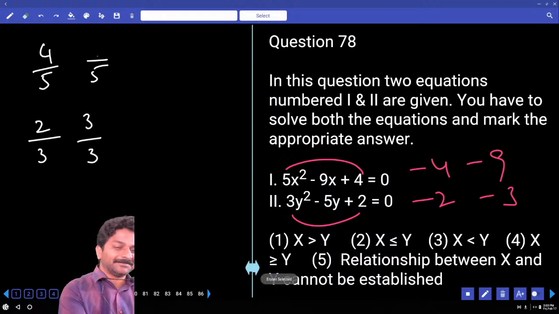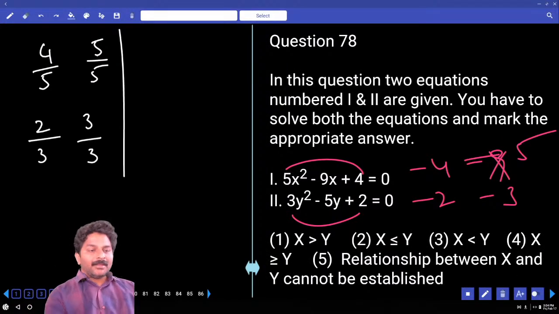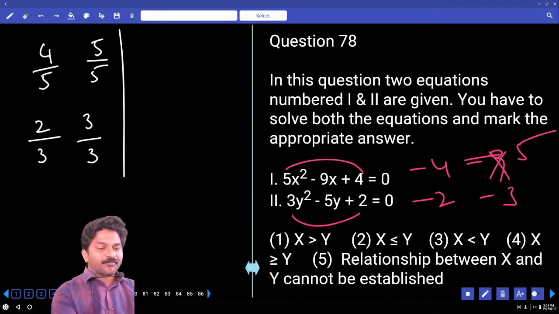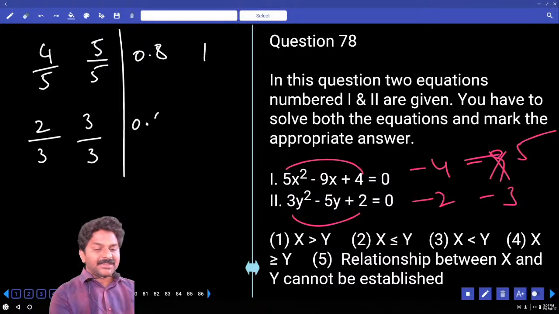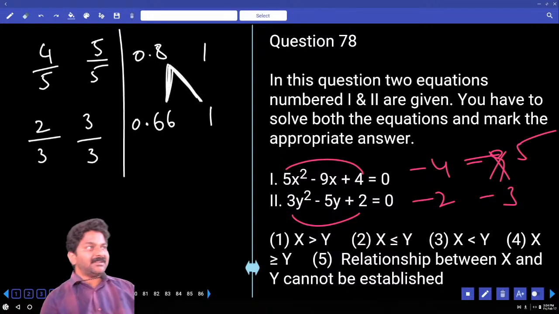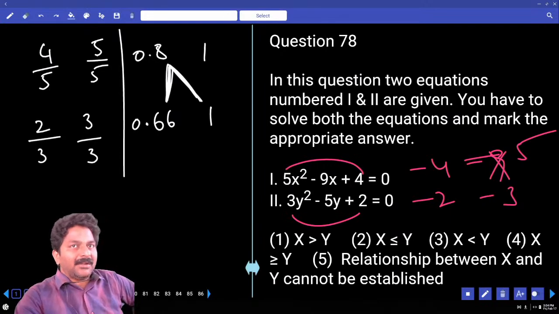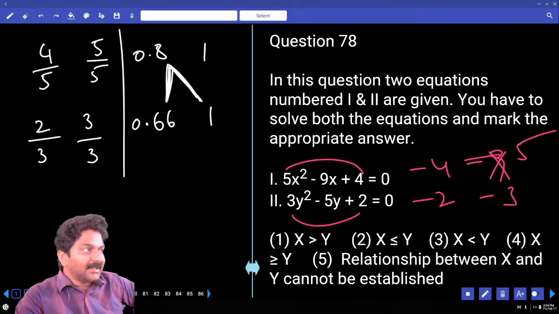Correct. Minus 5. So this is 0.8, 1, 0.66, 1. By using this combination, we can answer the question. 0.8 lies in between 0.66 comma 1. Yes. Answer.